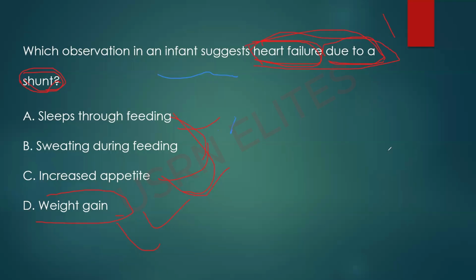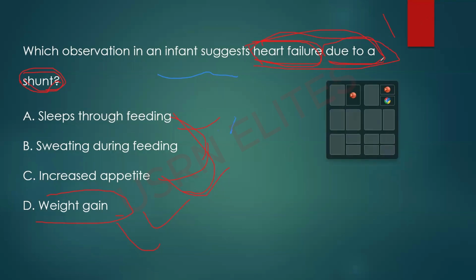An infant's age is the first year of life, and that is where failure to thrive comes in. Failure to thrive mostly comes in where the child has feeding issues or is unable to thrive well because of congenital diseases. And heart failure is one of them.